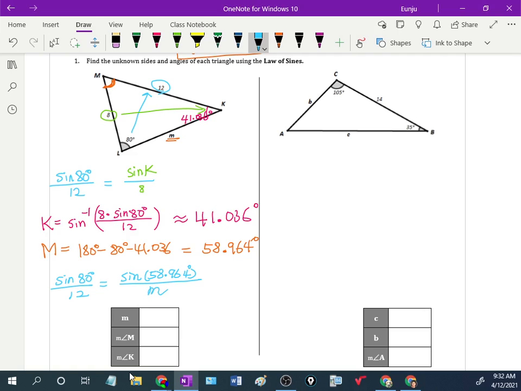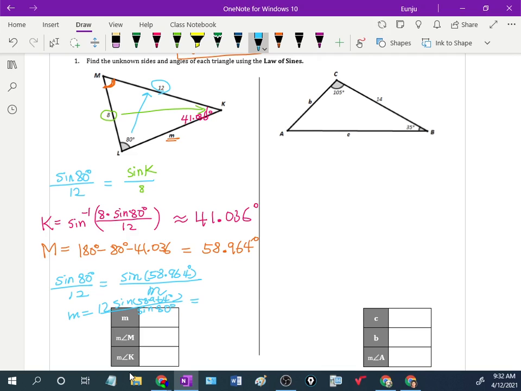So this will be lowercase m. So we do cross multiplication and then we divide by that and then we can get the answer. So to find m, we need to multiply everything and then divide by sine 80 degrees and then we can find the answer. So let me calculate it.